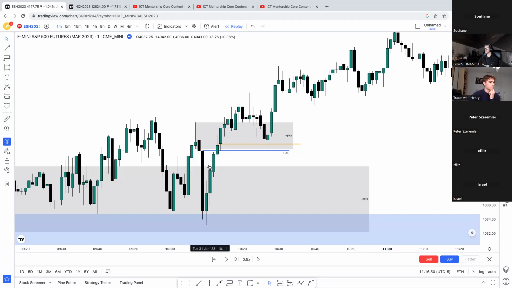This one, the two consecutive bearish candles. Yep, that's an order block. So my question is, can we take the mean threshold to have our stop loss in this one? Yeah, absolutely.